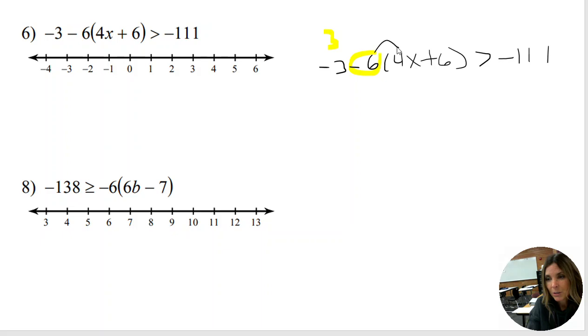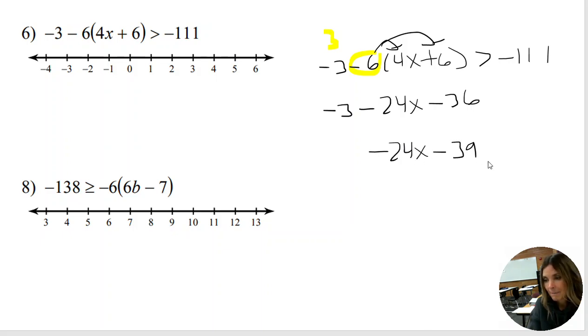So I'm going to distribute first, then I'm going to combine like terms. So that would be a -24x, a -36. I also have a -3, and now I'm going to combine my like terms. So -24x and a -39. Now my left side is totally simplified.